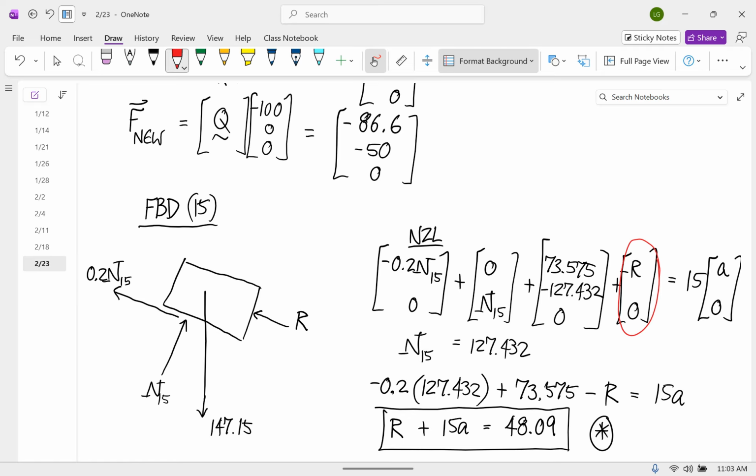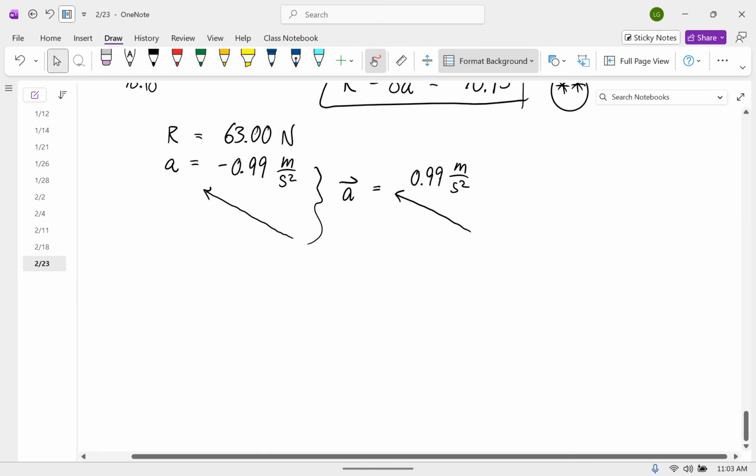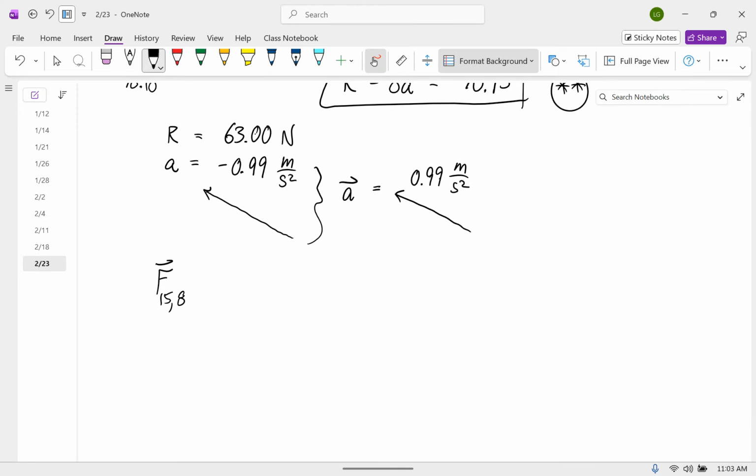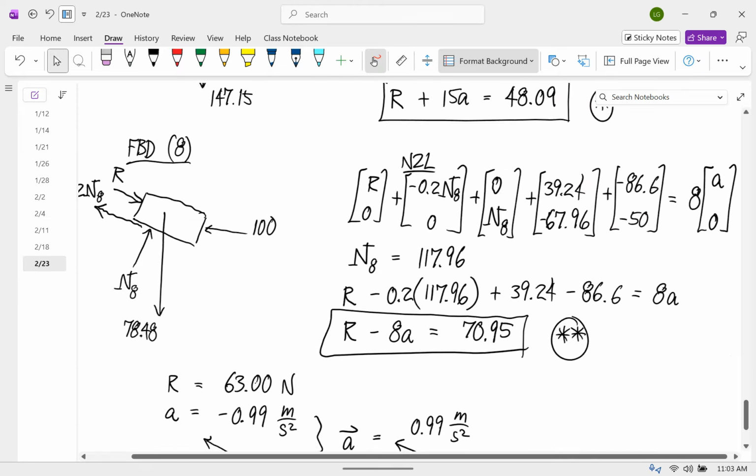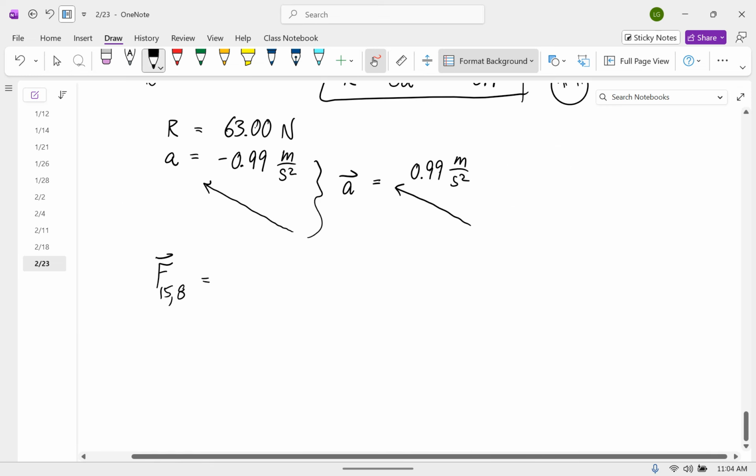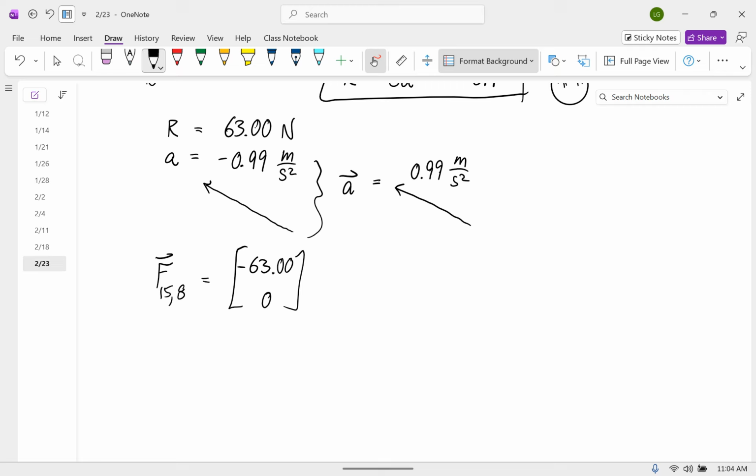So the force vector on the 15 by the 8 is equal to negative 63, 0. So the force on the 8 by the 15, Newton's third law says that's positive 63, 0. Any questions about that?